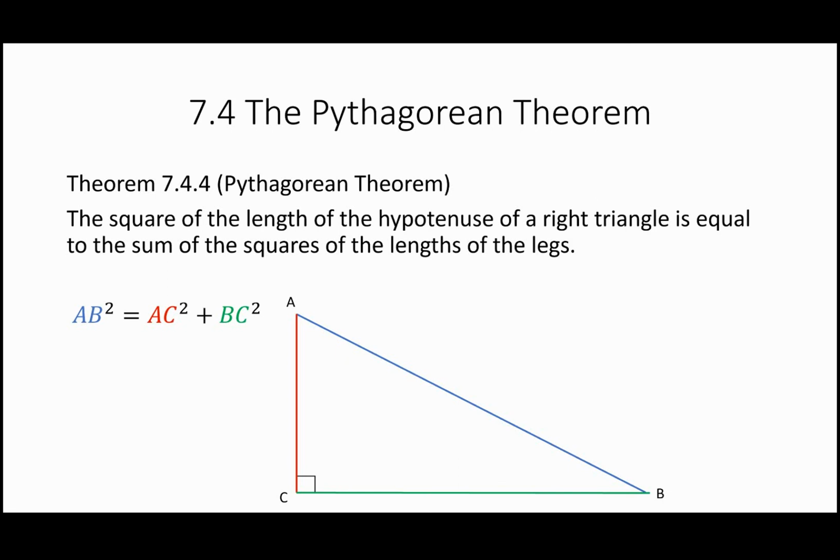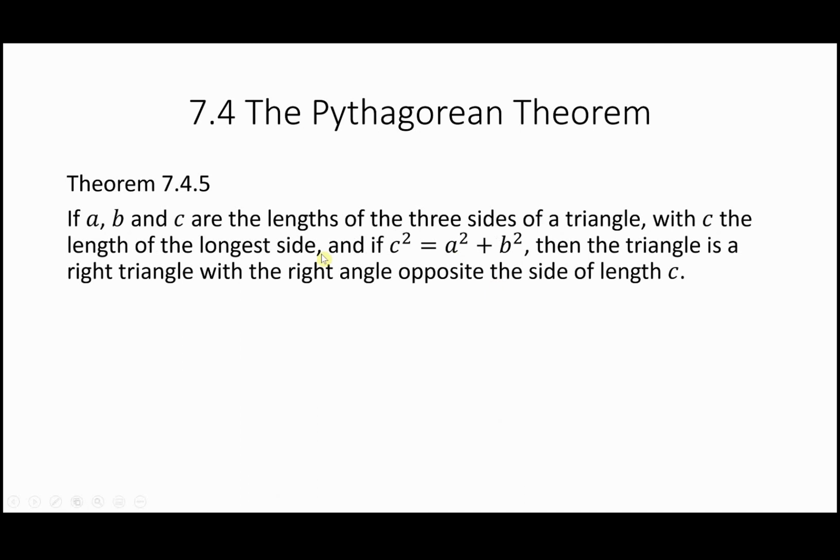All right, I think we're ready to move on to the next theorem, which is to say that if a, b, and c are the lengths of the three sides of a triangle, with c the length of the longest side, and if c squared equals a squared plus b squared, then the triangle is a right triangle with the right angle opposite the side of length c.